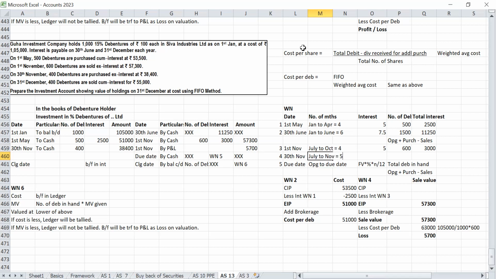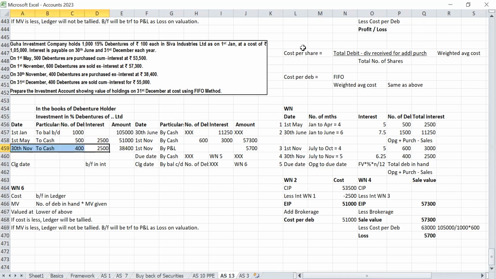For 5 months, 100 into 15% into 5 by 12, that is 6.25. Into the number of debentures, 400. 2,500 will be your interest.